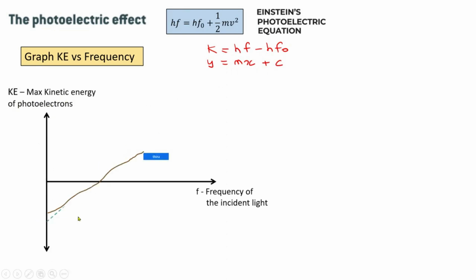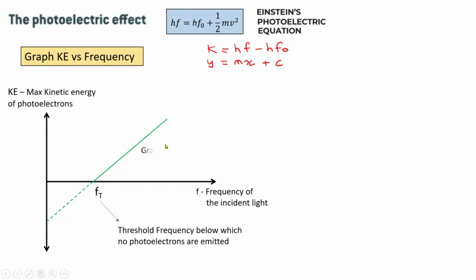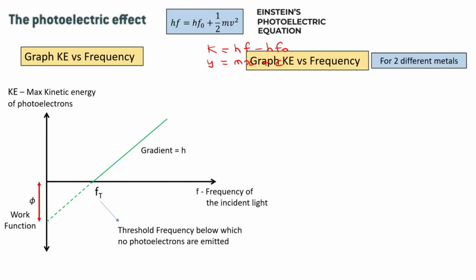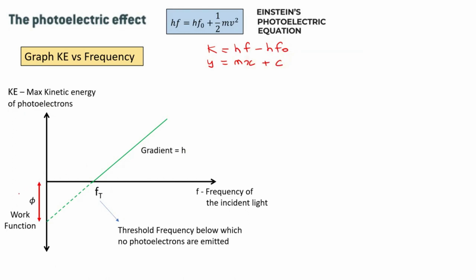So draw this entire thing. The gradient is h and the y-intercept is called the work function, which is hf naught. So work function will be hf naught and f naught is the threshold frequency.